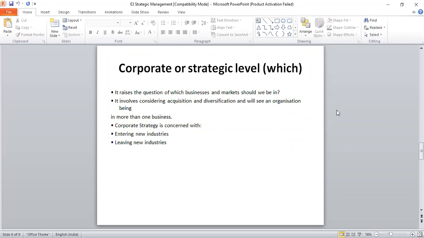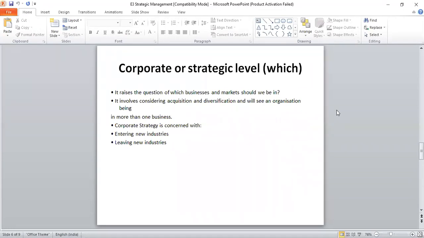It is the top level management who are there at the top level, right? So at the top, when we see that it is a corporate or strategic level, what is their role in the strategy?